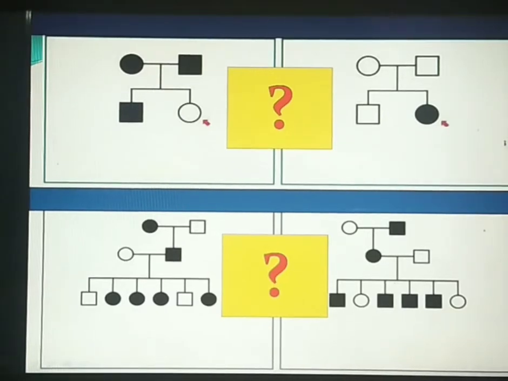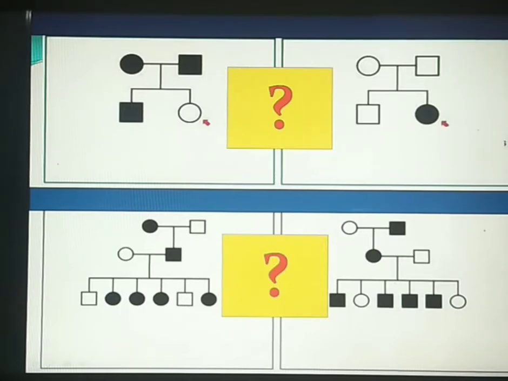And if it is dominant, whether it is homozygous or heterozygous. And if it is sex-linked recessive, wherein the females are carriers, how do we identify these females as carriers, since they won't show any symptoms, right? They will be normal.